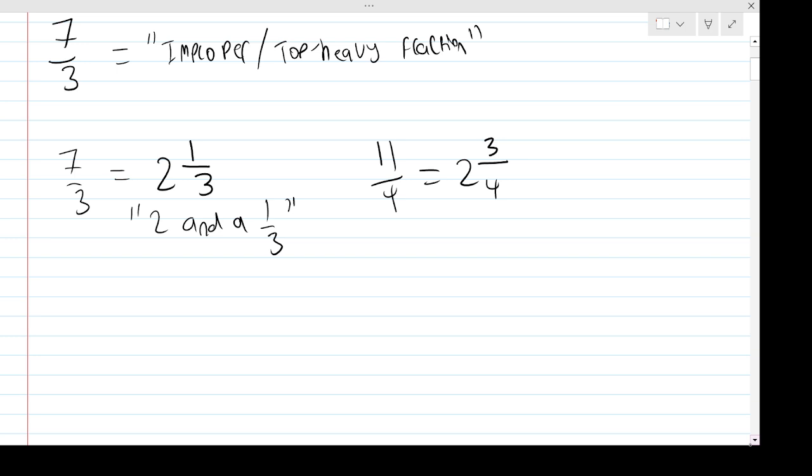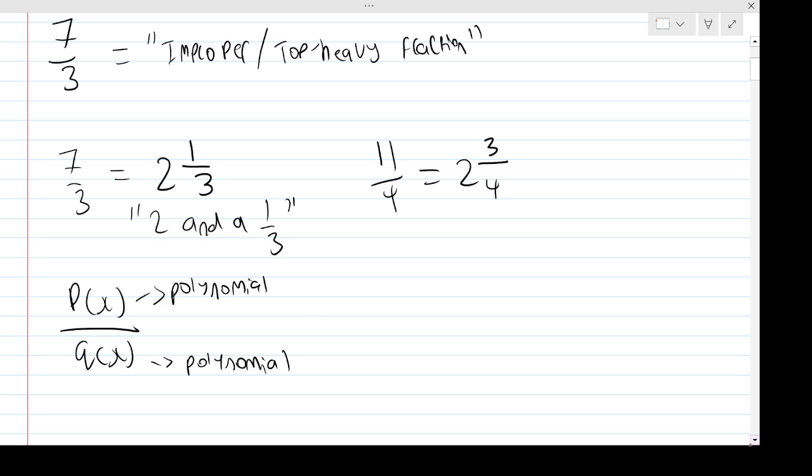Well, it's when any algebraic fraction, which, as I remind you, we looked at last time, with polynomials on the top and the bottom, is top heavy or improper when the polynomial, in simple terms, on the top is bigger than the polynomial on the bottom. But what does that mean, really?